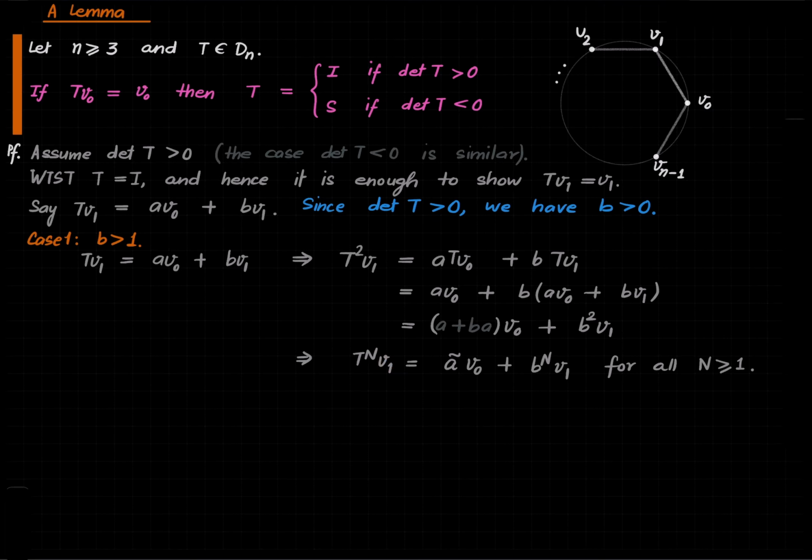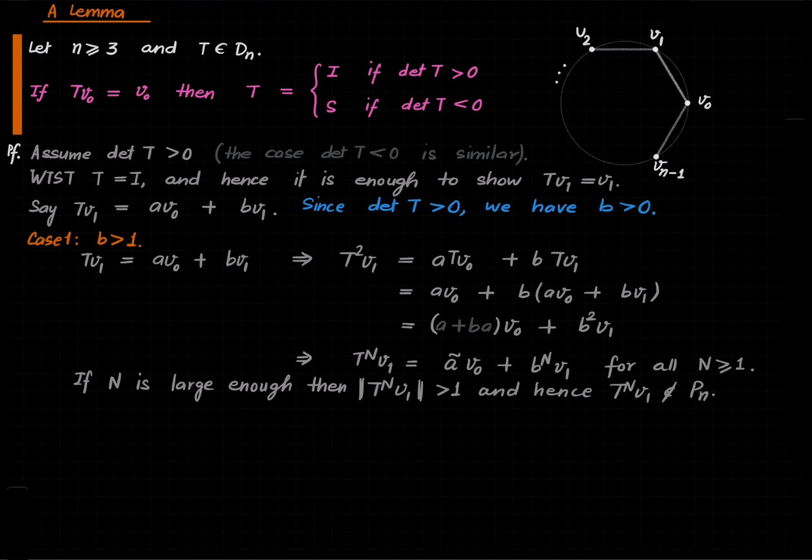Actually, it is being thrown out of the polygon. That is really the argument. So this thing cannot lie on the unit circle, and that's a contradiction. If capital N is large, then this thing has big norm, and hence this doesn't lie in the n-sided regular polygon, and that's a contradiction.